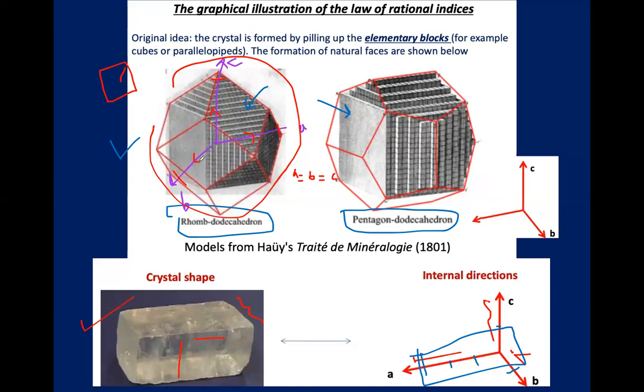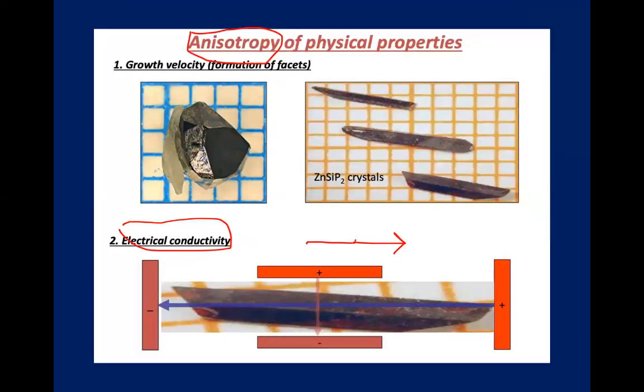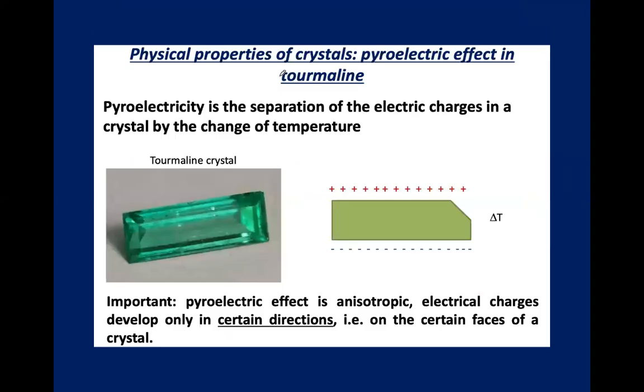All directions have the same properties. But if you have different properties in different directions, then you call it anisotropic, or anisotropy, the feature. All these things depend on the growth velocity and the formation of facets in each material. Okay, so this is regarding the physical properties.